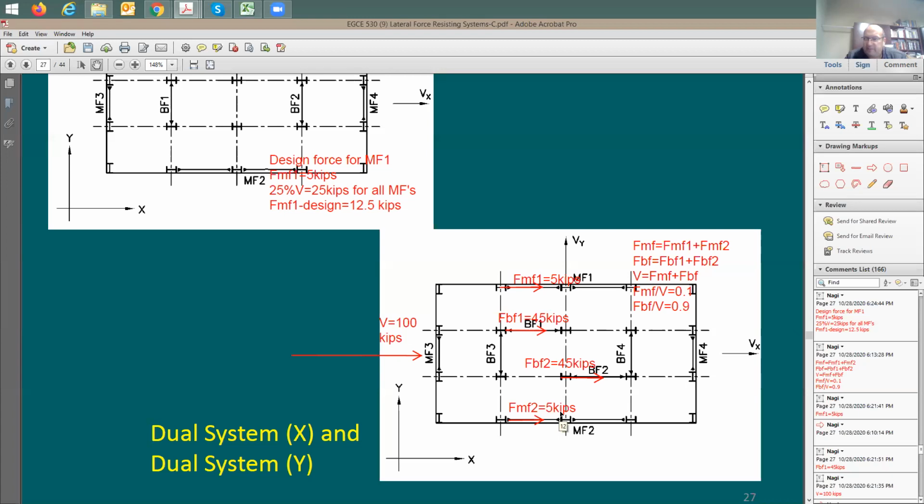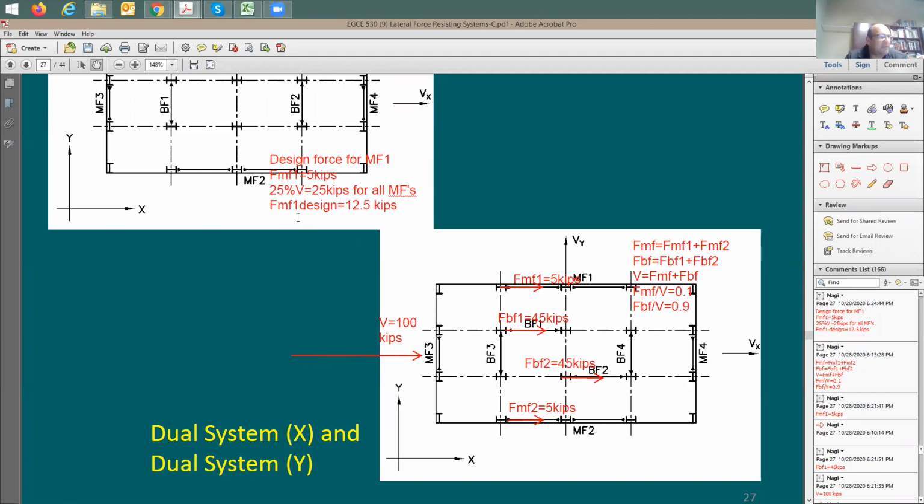So we're done with this example? The capacity of moment frames 1 and 2 is 12.5 kips, right? Not the capacity. This is going to be the design force they are supporting. And by the way, this is not negative. This is just a small dash, so let me take it out.